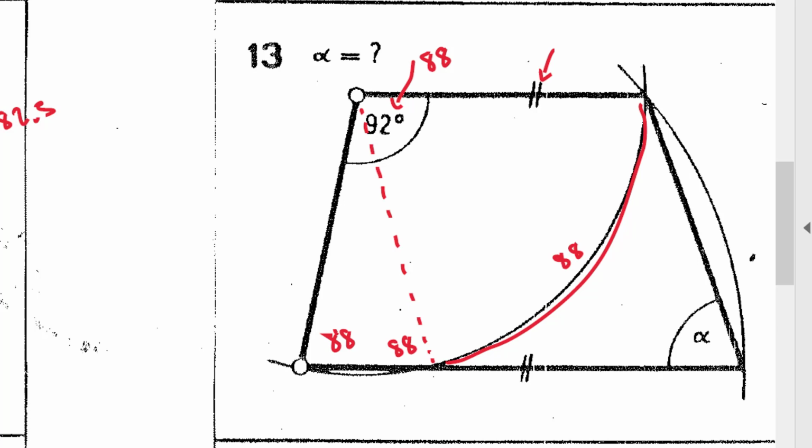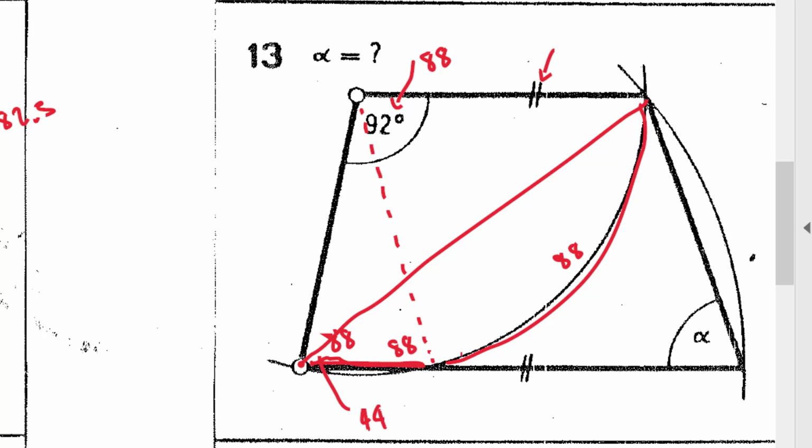And I'm going to draw in another auxiliary line here. This auxiliary line goes right across like this. And if you look at this angle right here, it's an inscribed angle which eats this arc right here. So it's inscribed, which makes this 44 degrees. It would be half of the intercepted arc.